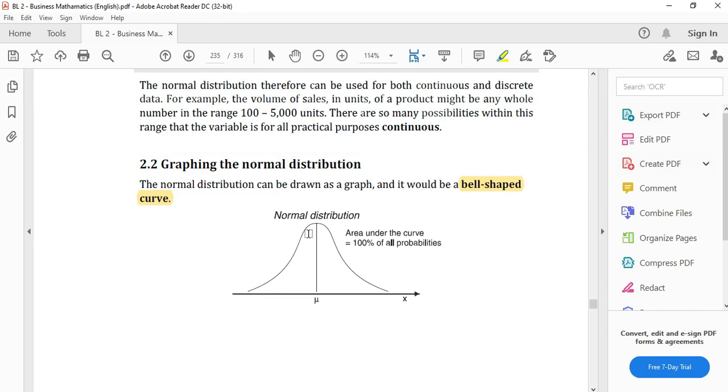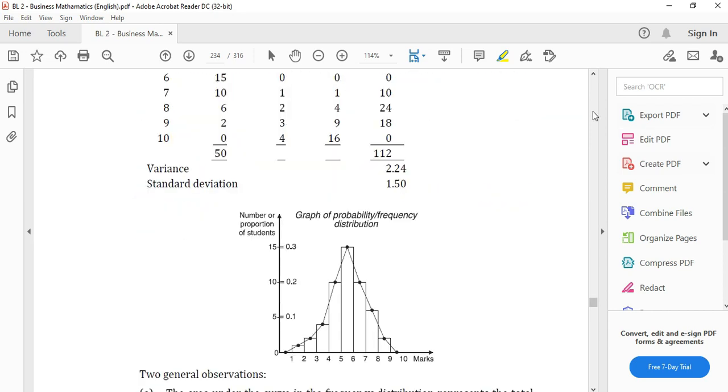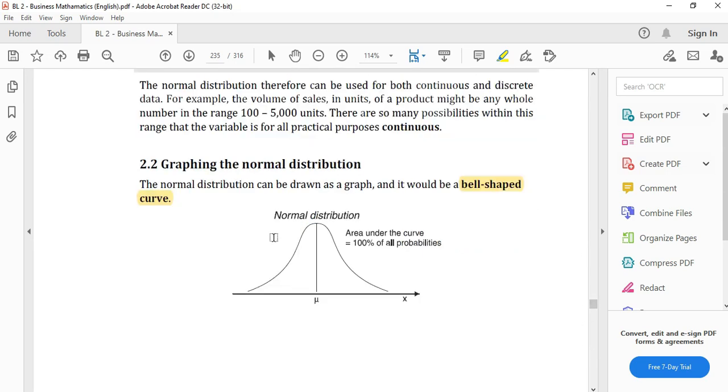Let's first understand this curve. The horizontal x-axis is a set of values and the vertical axis is the probability distribution values, the frequency density, the proportion. Basically it is the probability.